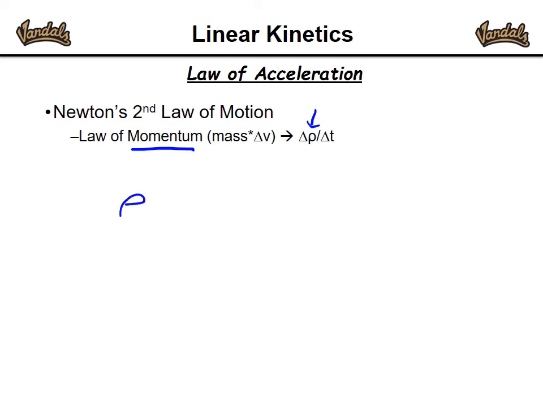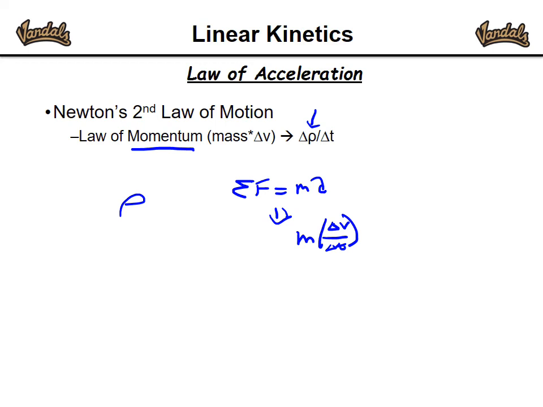So if we look at this, and we start with sum of forces equals mass times acceleration, if we bring this down on the left-hand side, it's going to be mass times delta V over delta T. There's our equation.